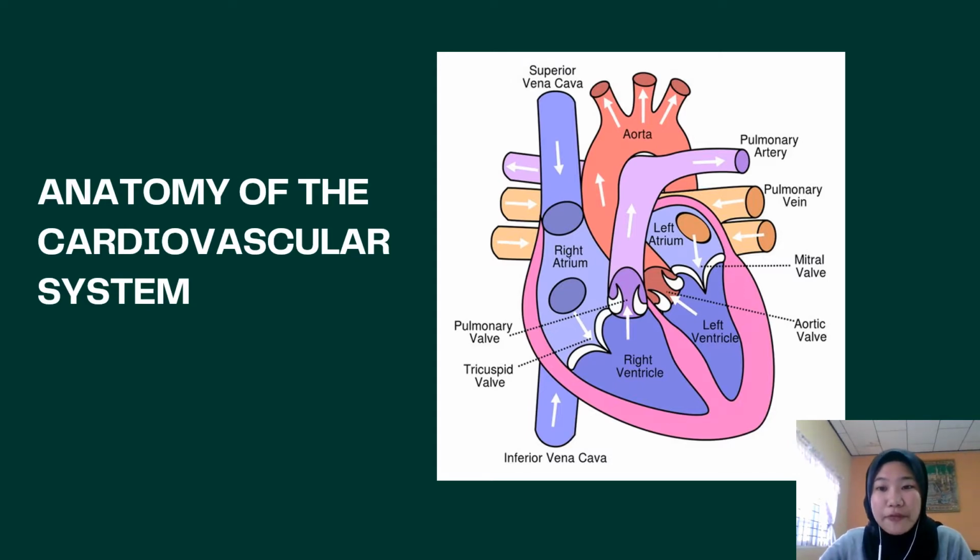We also have the pulmonary artery that carries the deoxygenated blood to the lungs for external diffusion, while the pulmonary vein carries oxygenated blood from the lungs back to the heart. We also have the superior vena cava and inferior vena cava.